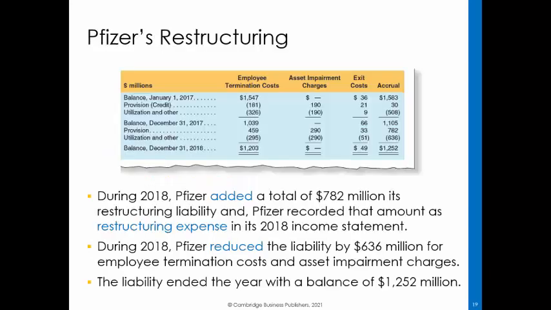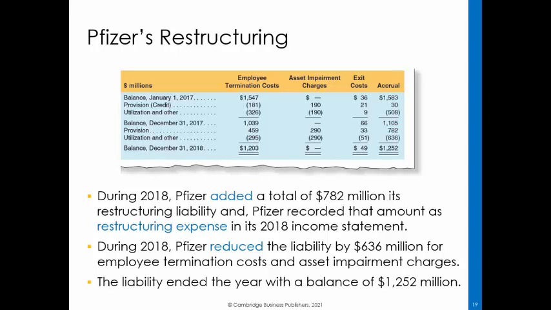The table on this slide shows Pfizer's restructuring transactions for 2017 and 2018. Companies are required to disclose the beginning balances of the restructuring liability. Pfizer reports this in the rightmost accrual column at $1,105 million for fiscal 2018.